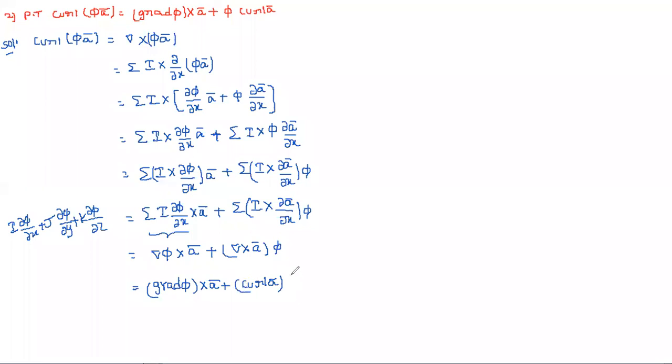Here we applied the definition of curl as well as grad phi, and the derivative formula, UV dash plus VU dash. We need to remember that phi is a differentiable scalar function and a bar is a vector. These points you need to remember.